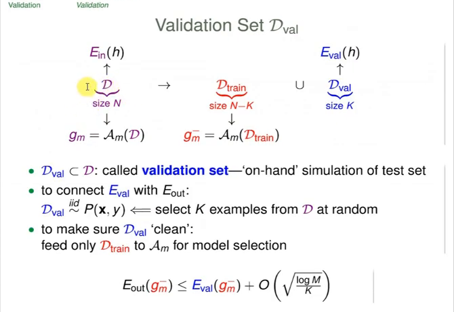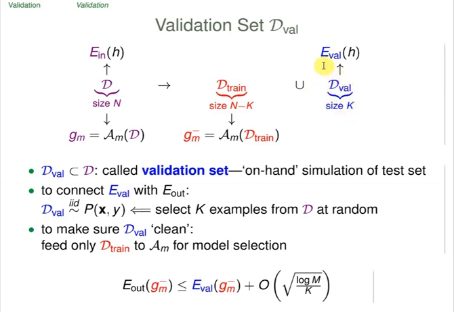An entire training dataset, size of N. We divide this dataset into D-train, which is of size N minus K, and D-val, the validation dataset, which is of size K, right?